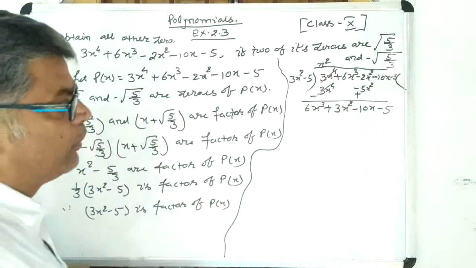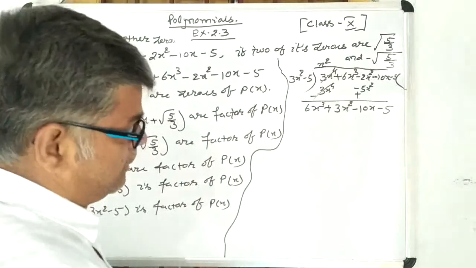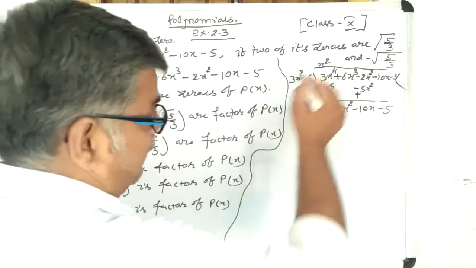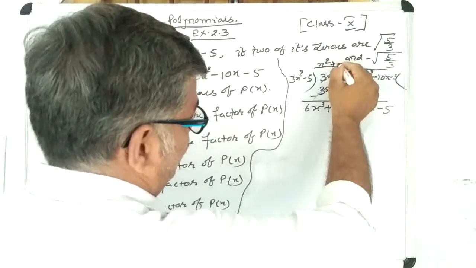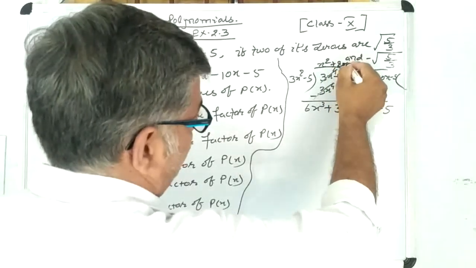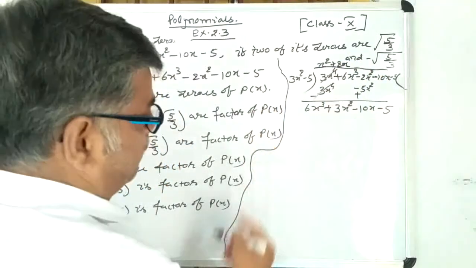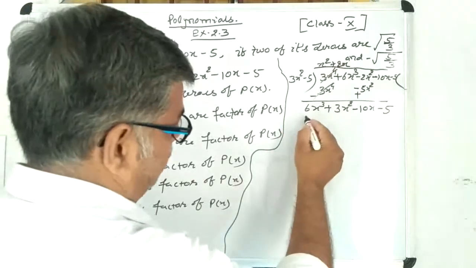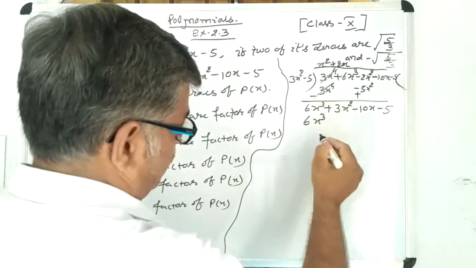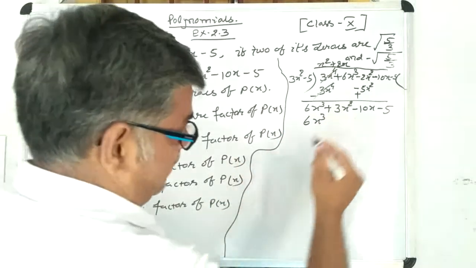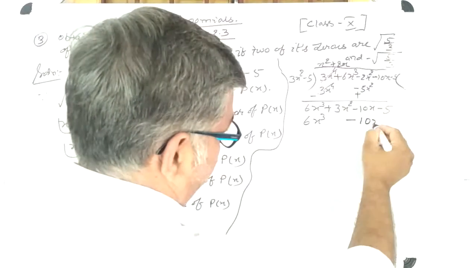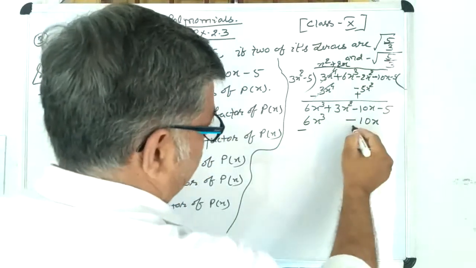Now it will go 2x times, since 3 twos are 6. So when you multiply by plus 2x, it will be 6x cube minus 10x. Again you change the sign.